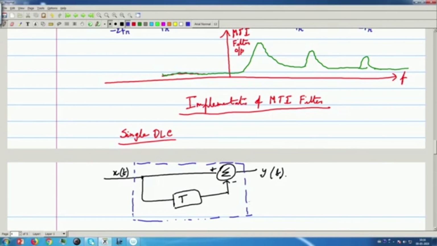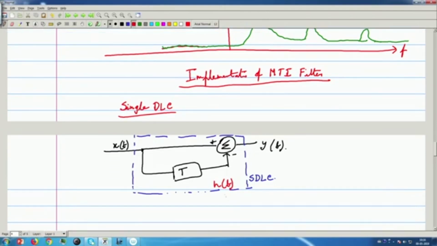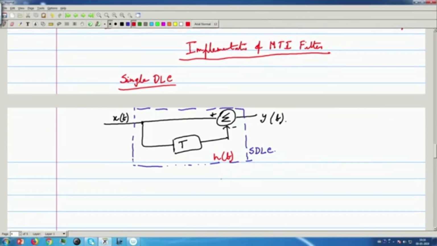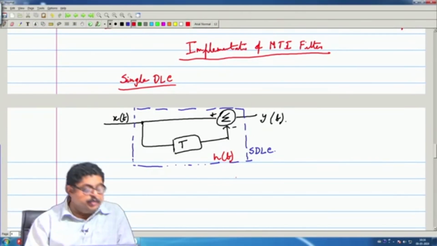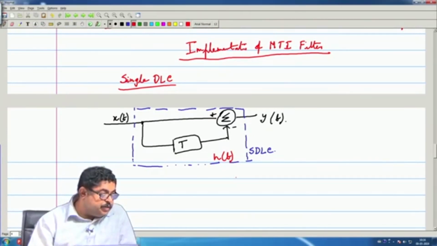This blue colored one is the single DLC and it has a transfer function that we are calling H(t), the impulse response. The Fourier transform of that will be H(f), its transfer function.